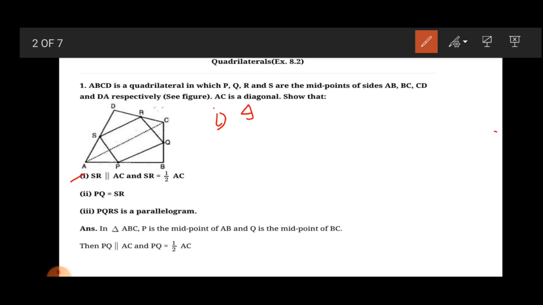In triangle ADC, S is the midpoint of AD and R is the midpoint of DC.